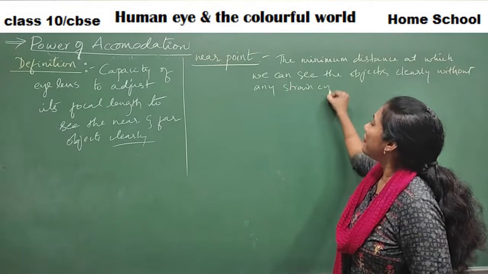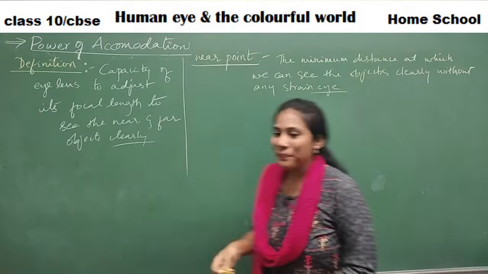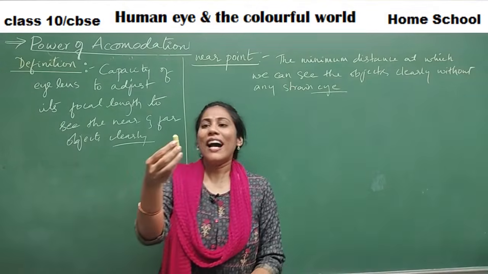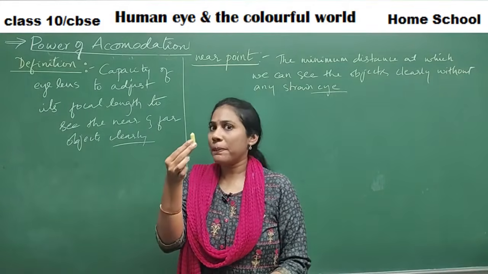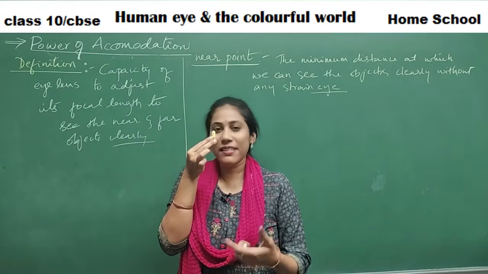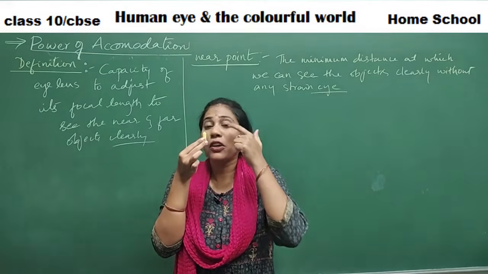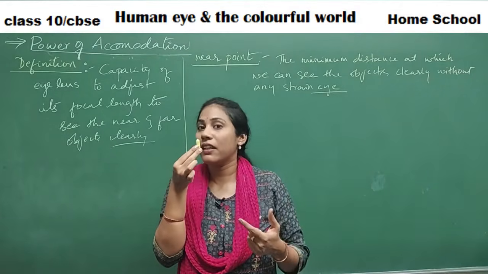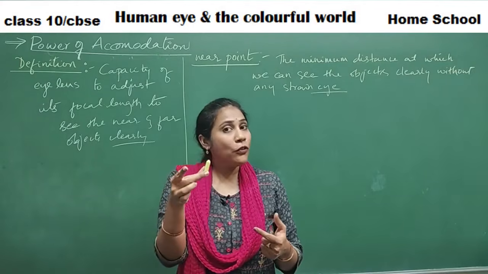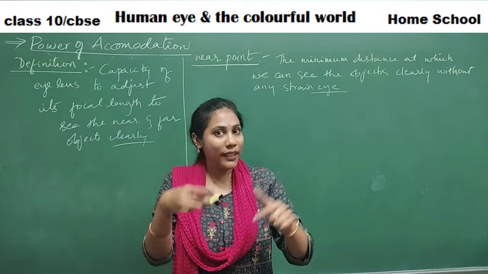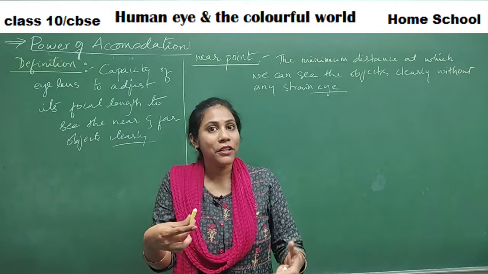So what do you mean by this? Whenever I have to watch this chalk piece keeping it very near, I can see this chalk piece, no doubt, but I get a kind of strain on my eyes. You can feel that strain. If you want, you can just do it now.